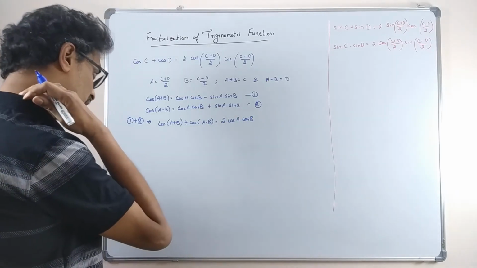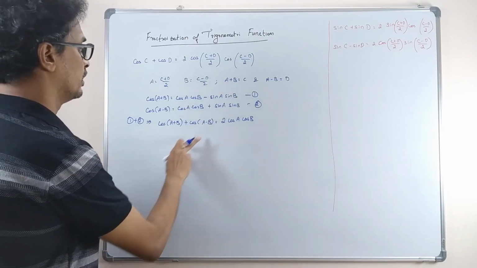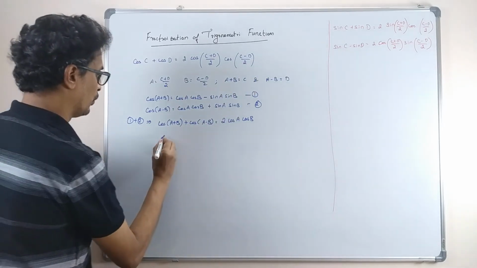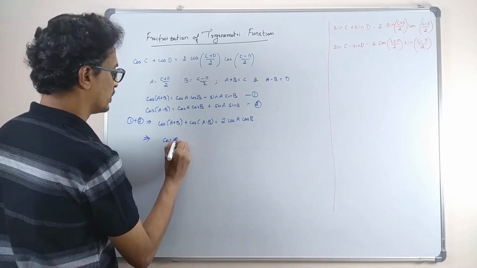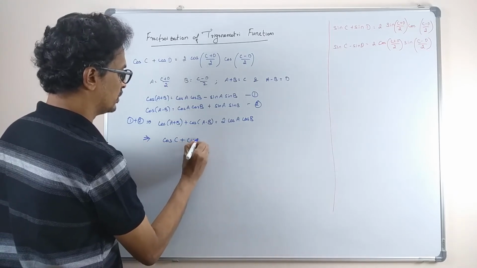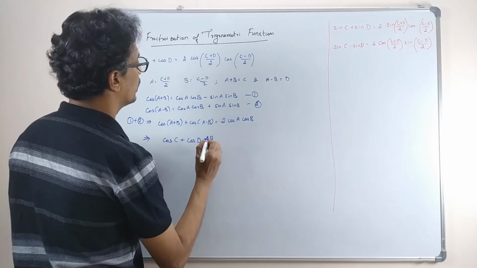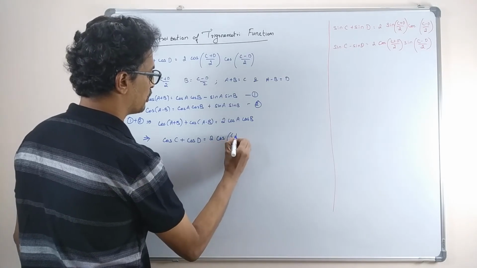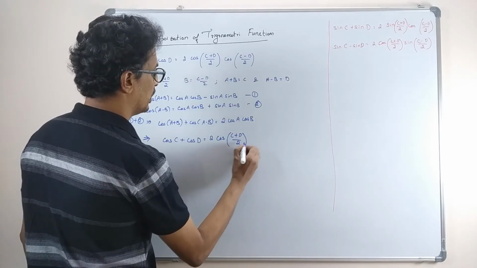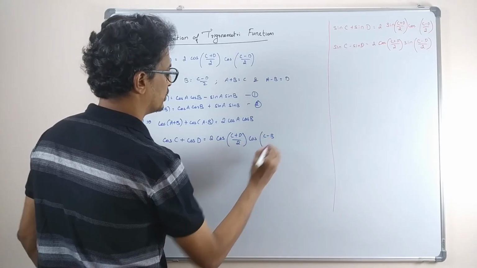Okay, so let us substitute for A and B. A plus B is nothing but C, A minus B is nothing but D. So cos C plus cos D is equal to 2 times cos A, which is (C plus D) by 2, and cos B, which is (C minus D) by 2.